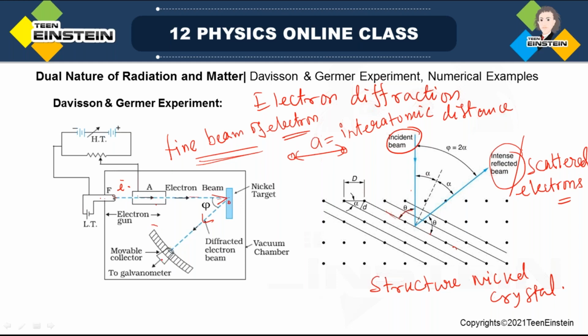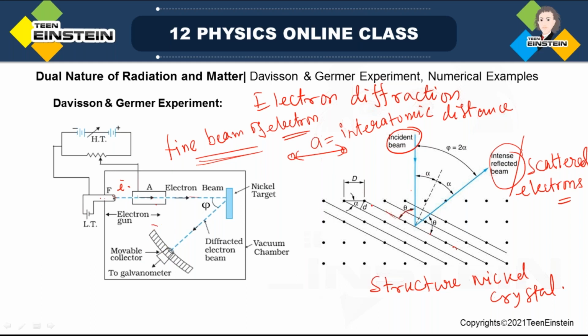This is called the movable collector of electrons, or the detector. Electrons cannot be seen, so you have to detect the electrons after scattering. The incident electron hits the nickel crystal and gets scattered or diffracted, and those diffracted electrons can be detected by the detector. This is called the movable collector of electrons.